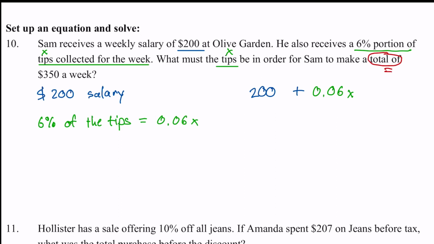So the total is going to be $350. So that's what we'll go ahead and set this. So now, not 360, but 350. Okay, there we go. So this is our setup. And then we just go ahead and solve this equation, keeping in mind we're looking for the tips, which is our x. Any questions so far?